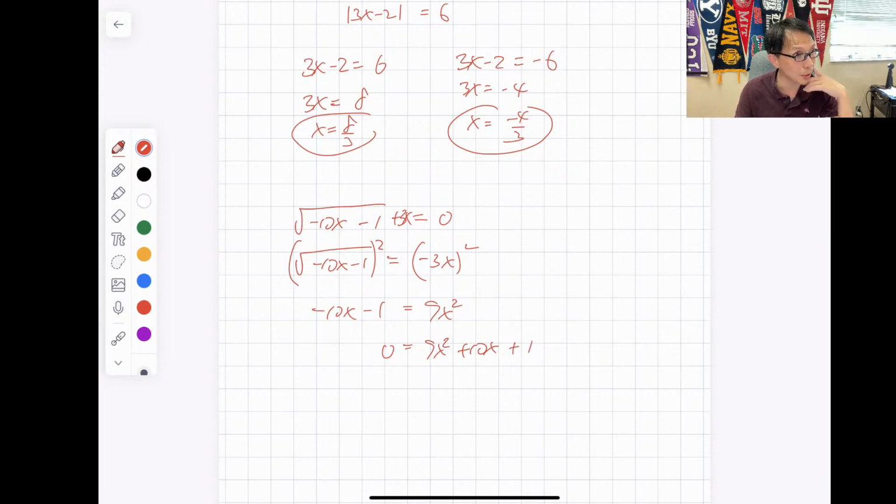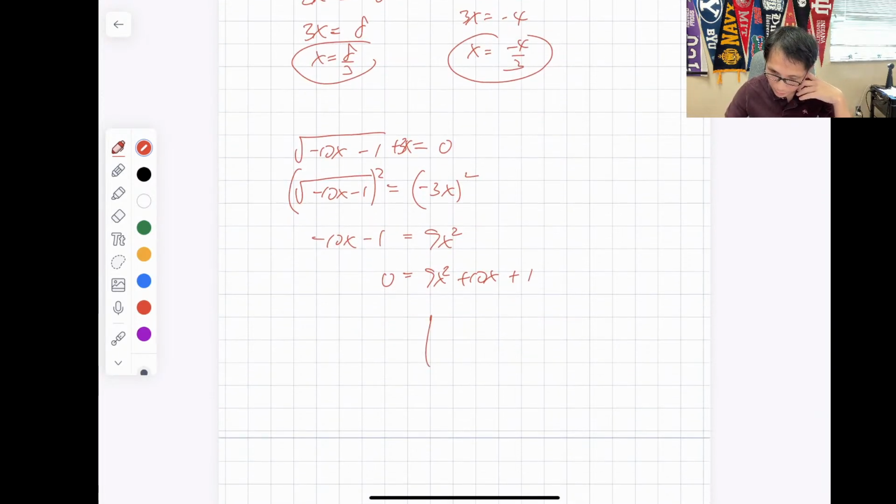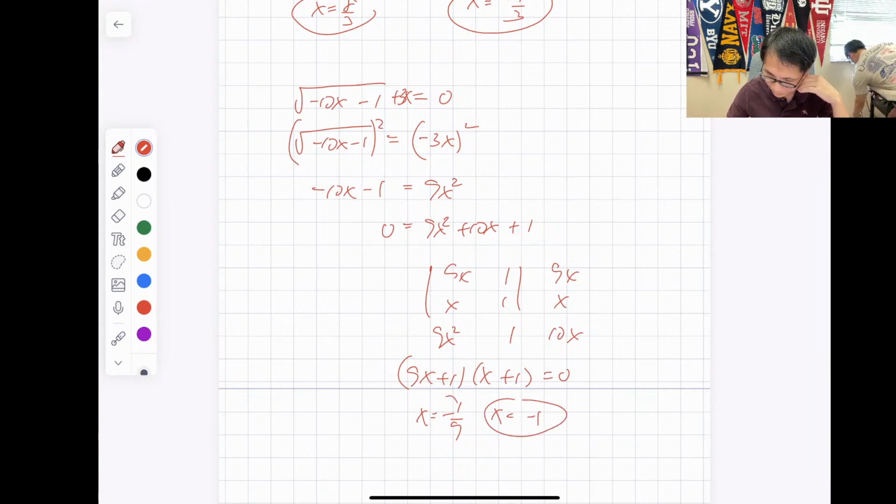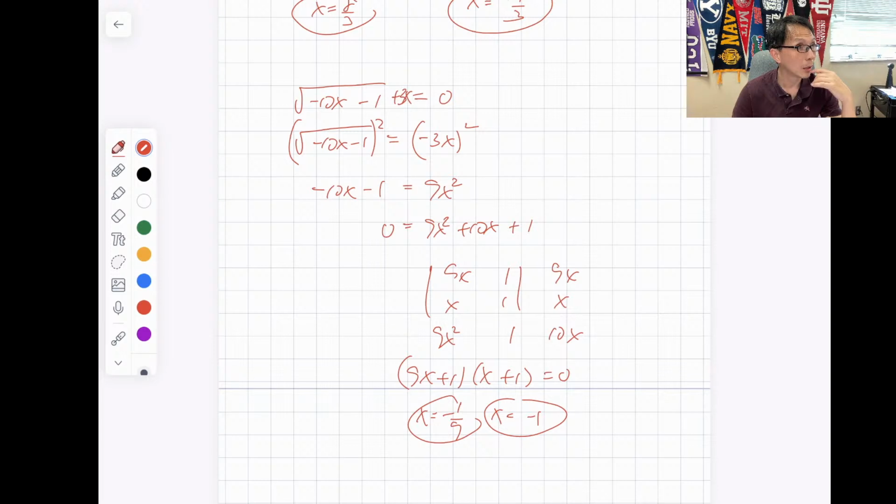Always set the equation equal to 0. And that's going to be (9x plus 1) times (x plus 1). x equals -1/9, x equals -1. Speed run.